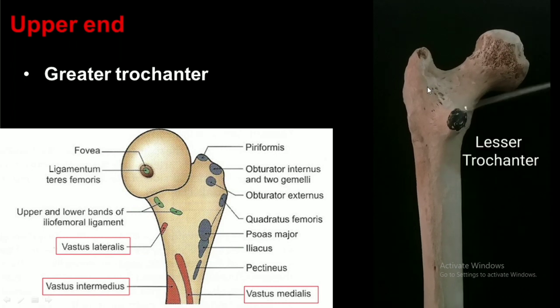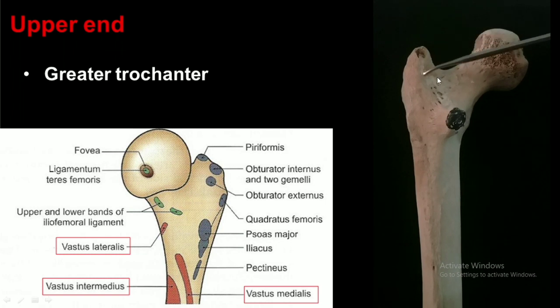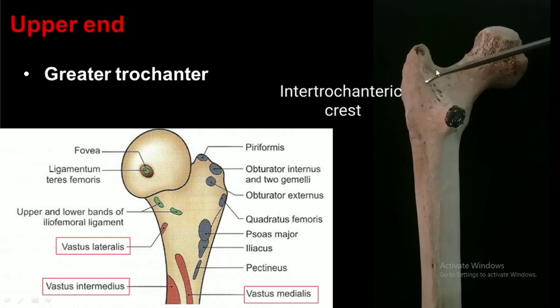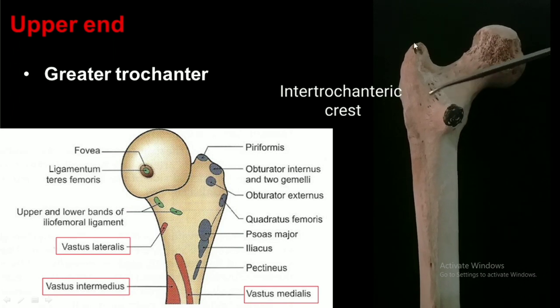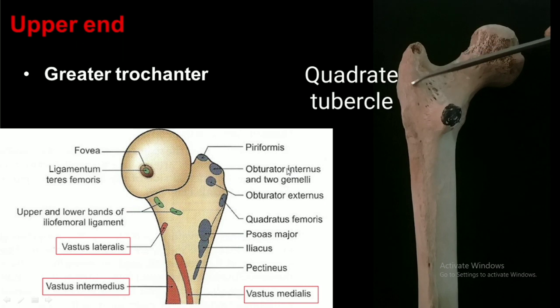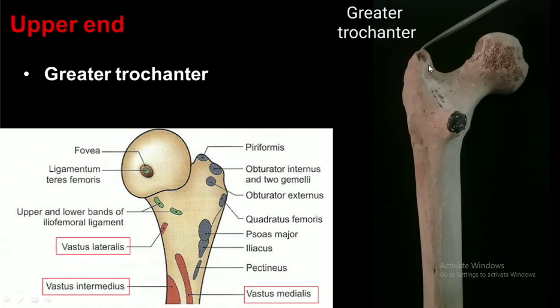Okay, here all the muscles inserted over the medial surface, that is on the apex, the piriformis, obturator internus, and two gemelli above the trochanteric fossa.